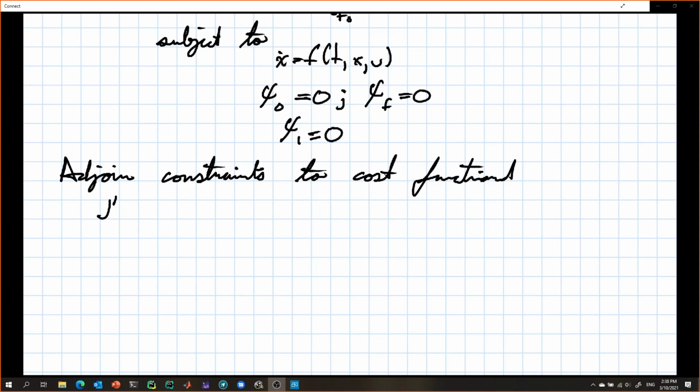I'm skipping steps here, so we have a combined augmented terminal cost, big phi, and here pi are our Lagrange multipliers, and we adjoin this interior constraint.